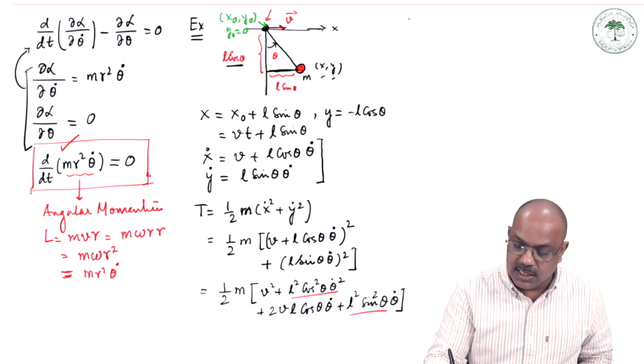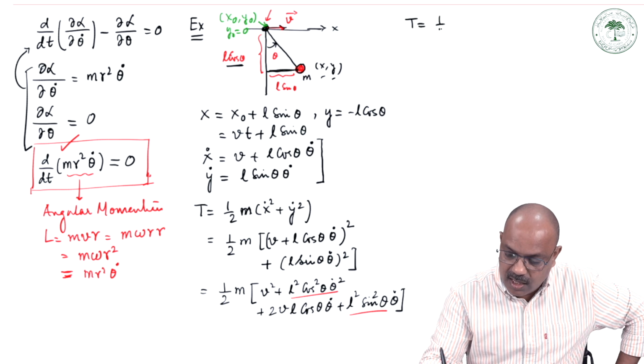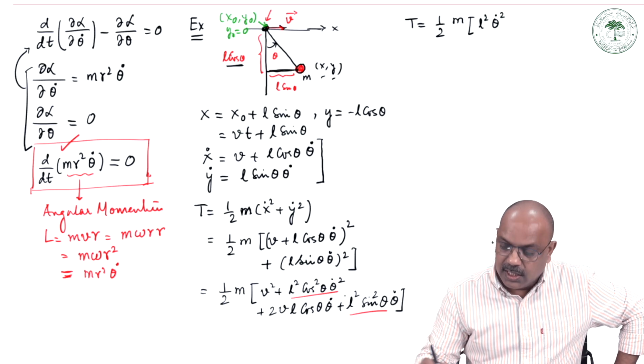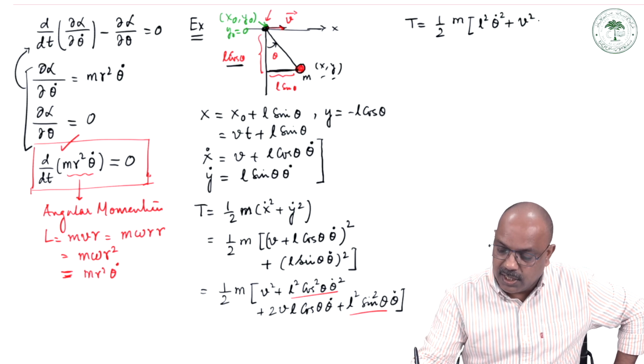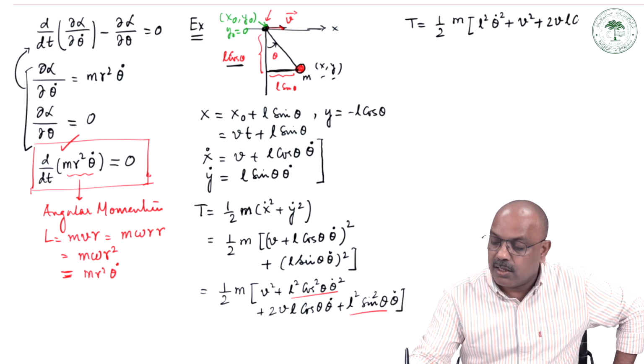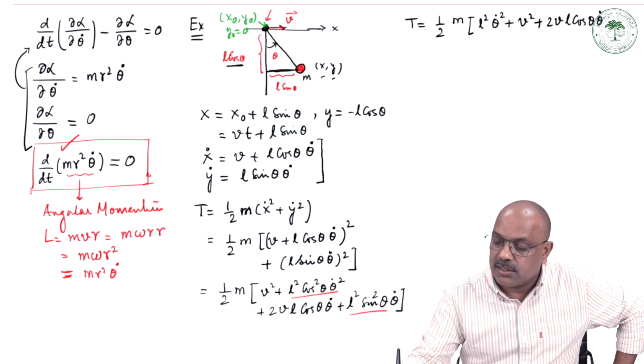So my T is half m times L square theta dot square from these two, then v square, and the third term is twice vL cos theta theta dot.